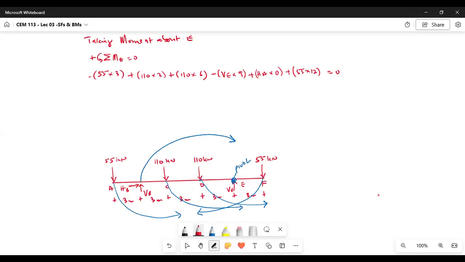Okay? So essentially, this one will give us negative 165 plus, and this one will give us 330 plus. This one will give us 660.